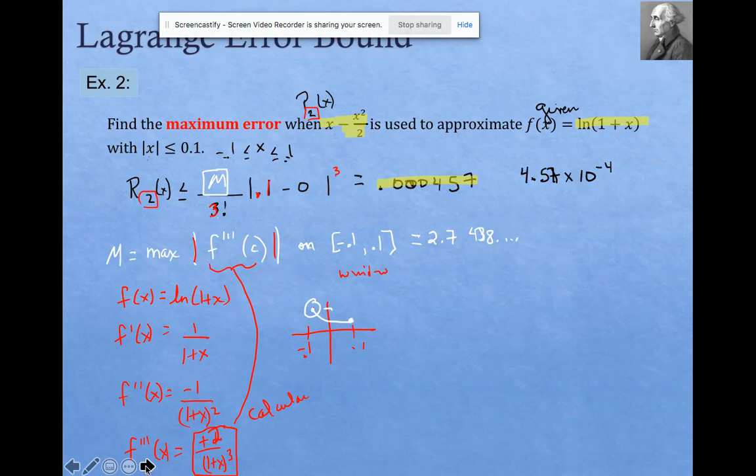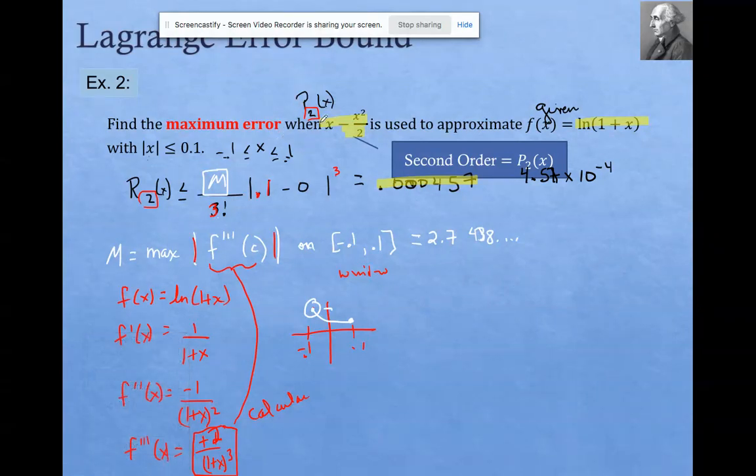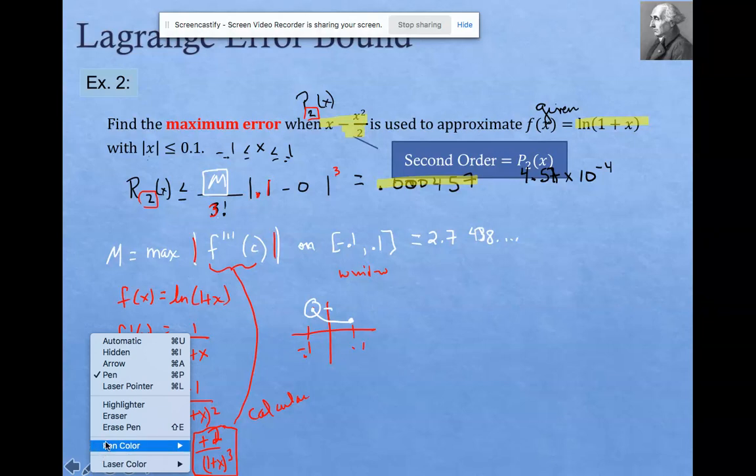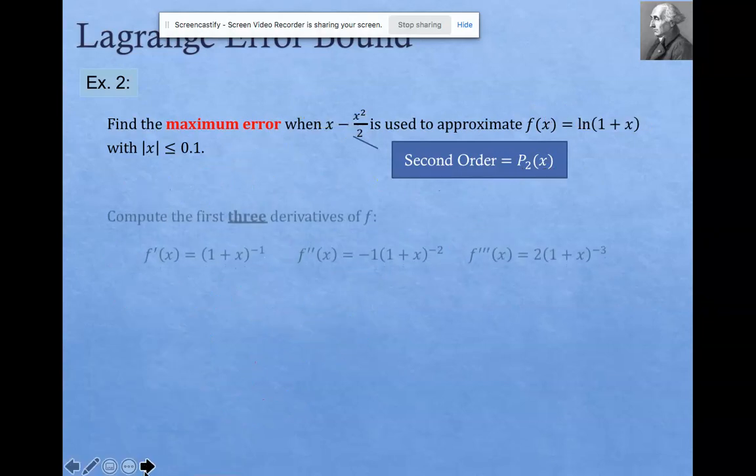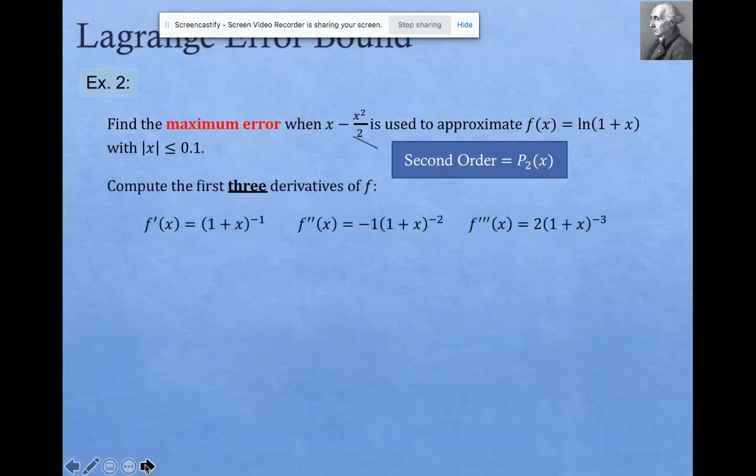All right. So what order am I using? I computed the first 3 derivatives because it was the second order. I found the maximum of the absolute value of this third derivative.